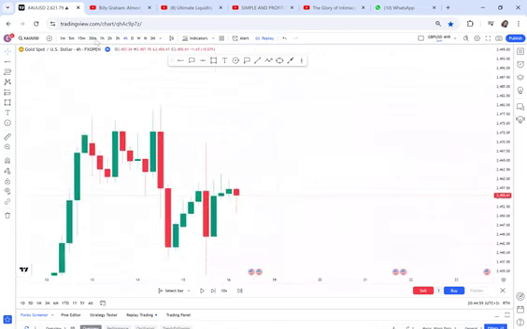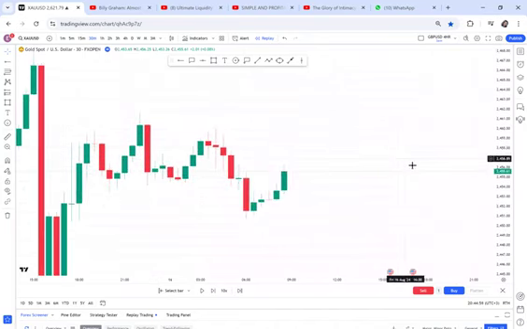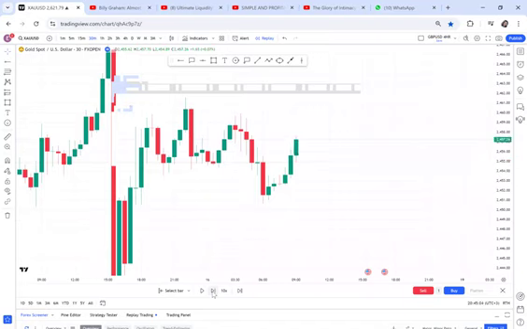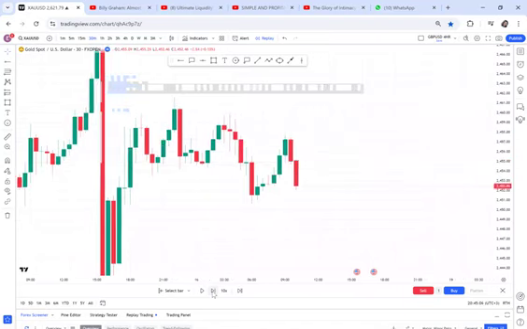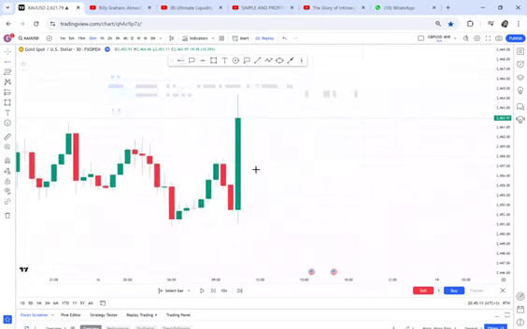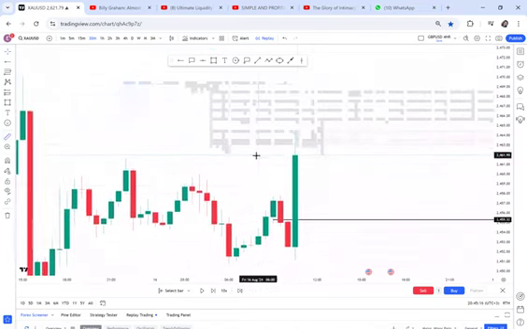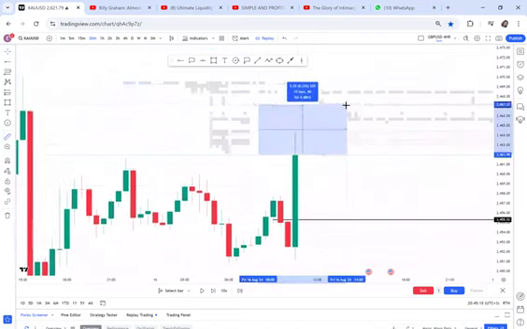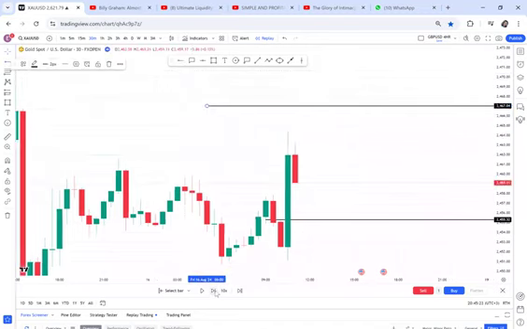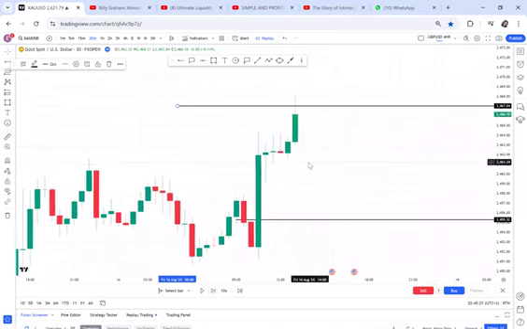I am looking for a bullish engulf, and you can see the market immediately starts to go down, and with no wasting time, it has given me a bullish engulf. So I come here and target 50 pips, guys. I wait for the market to hit TP, and the market hit TP.